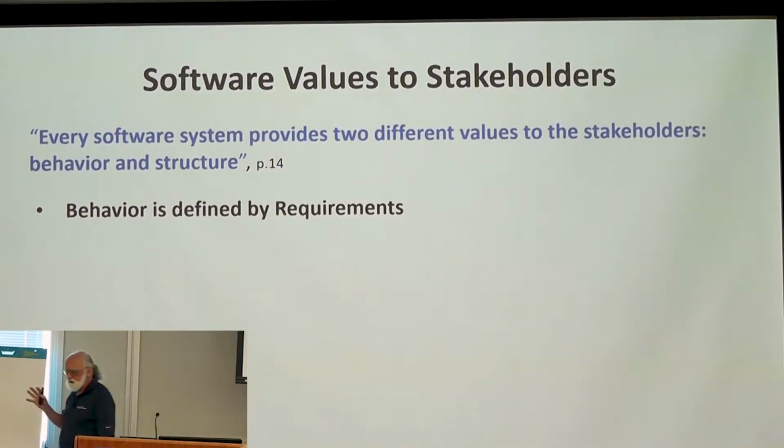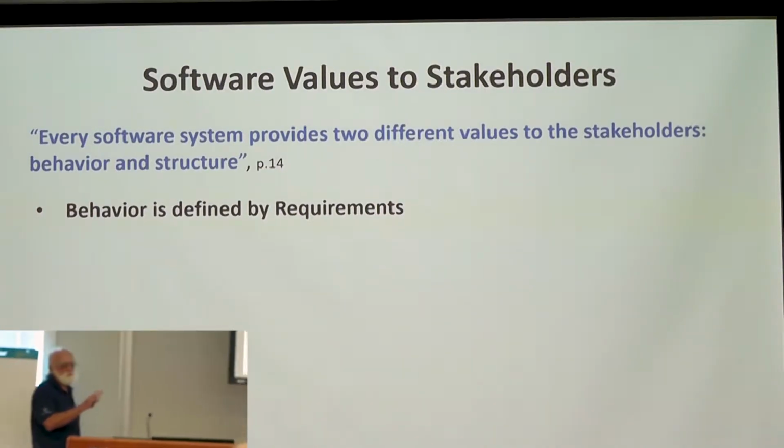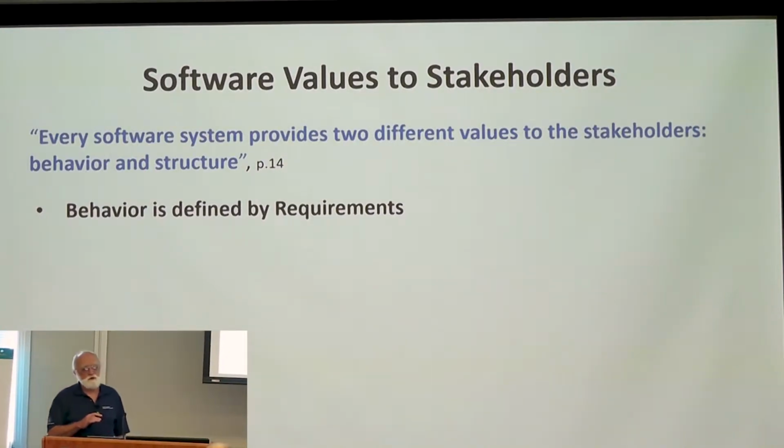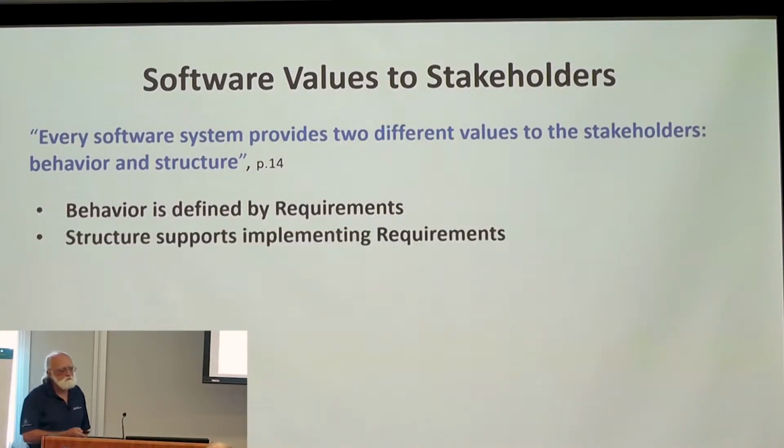Software has 2 separate and distinct values to stakeholders. It is behavior and structure. Behavior is defined by the requirements, and the software team has very little say in this matter. You are handed the requirements by marketing or by customer, and you have to implement it one way or another.